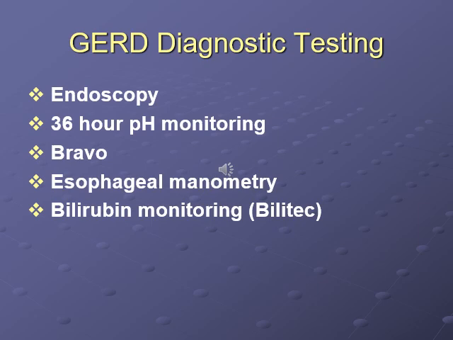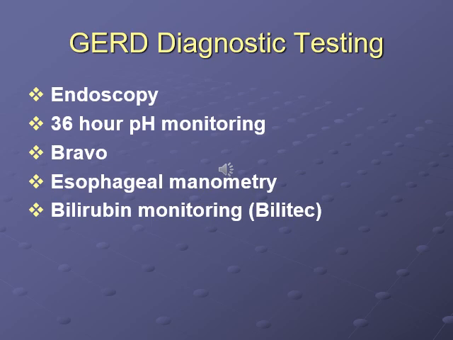Again, there are other monitoring options: 36-hour pH monitoring, which is typically with an NG tube. The Bravo that we talked about earlier, where 48 hours is recorded in that catheter-free system. They have that Bravo placed via endoscopy. Esophageal manometry measures the pressure in the lower esophageal sphincter, so that can be very helpful.